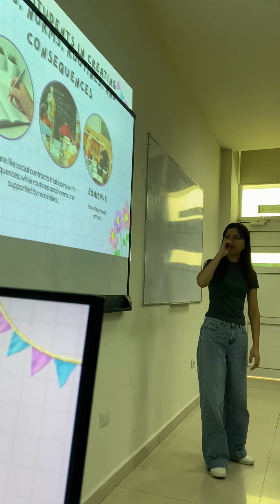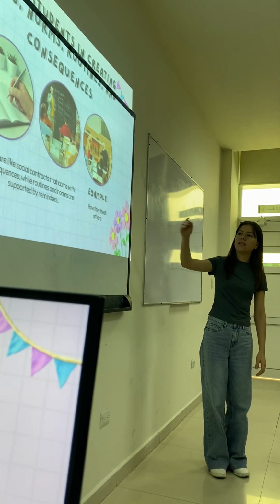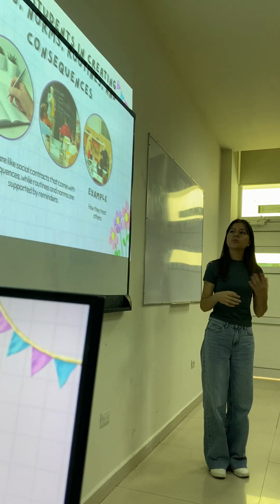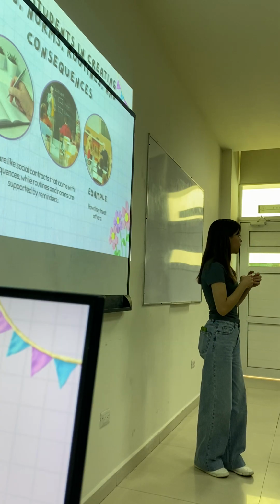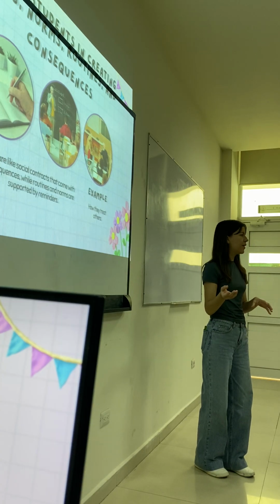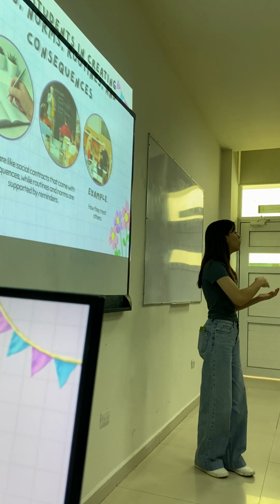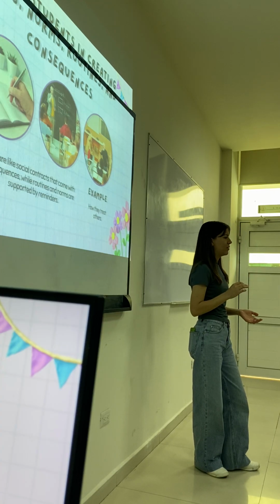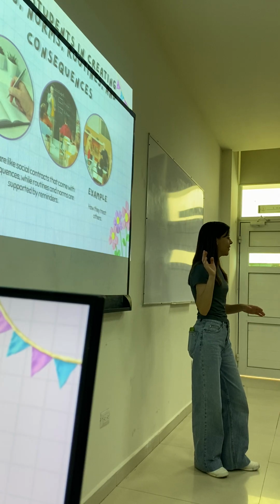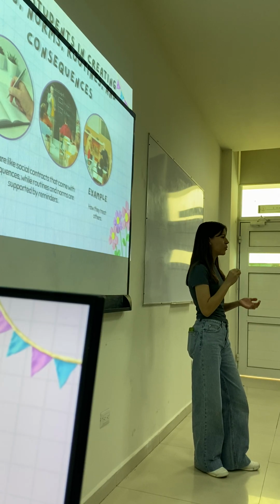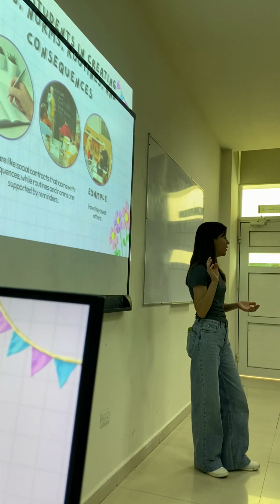For example, how they treat others, etc. There are like routines. So can you imagine a rule here in class that a teacher says to you? For example, you need to come to all the classes. Or in other classes, you have a rule to complete your activities.